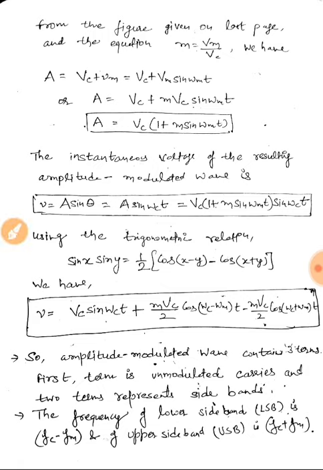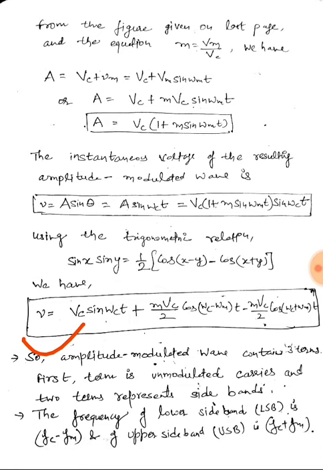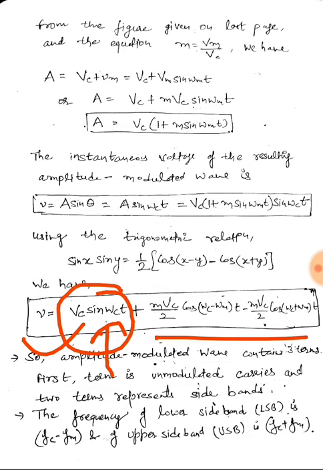So this is the final expression for our amplitude modulated wave. It consists of a sine function, the carrier term, that is the carrier wave, and two side bands.